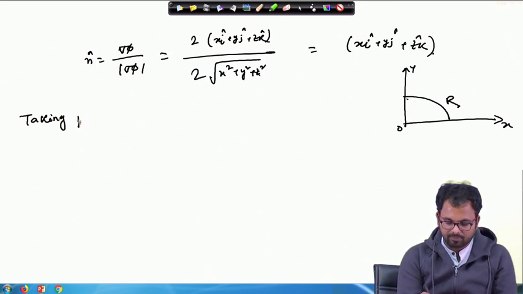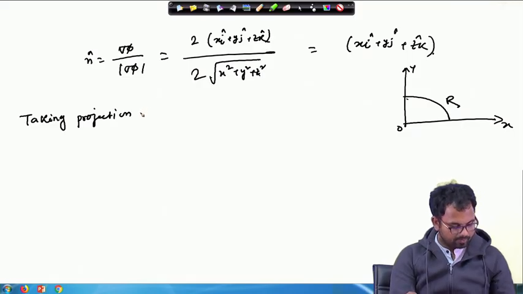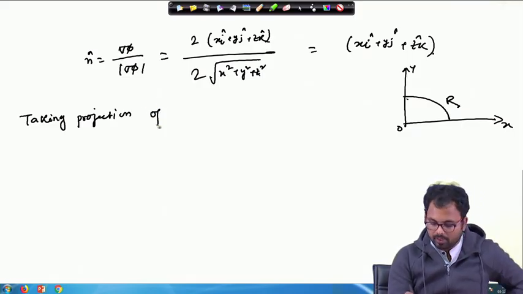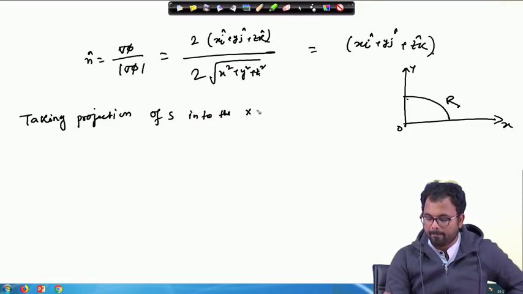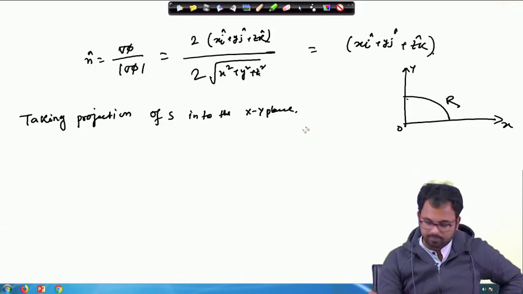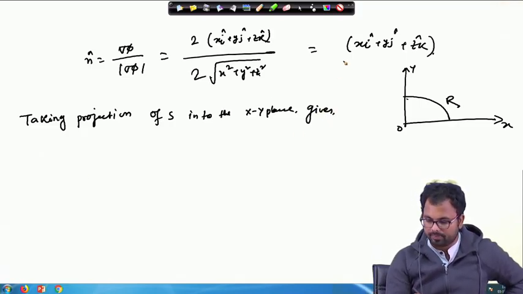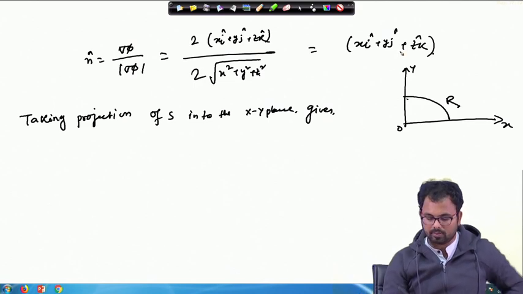So, taking the projection of S into the x y plane gives, this is basically our unit normal.